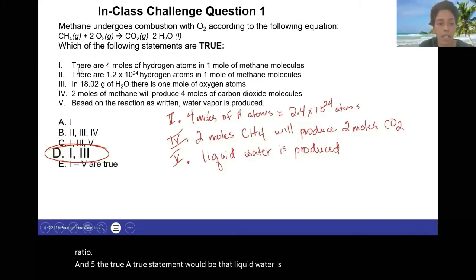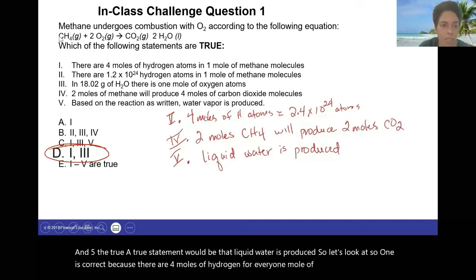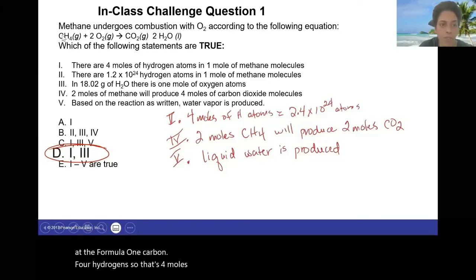So let's look at, so 1 is correct because there are 4 moles of hydrogen for every 1 mole of methane. Let's look at the formula. 1 carbon, 4 hydrogens. So that's 4 moles of hydrogen for every 1 mole of carbon that is in methane.